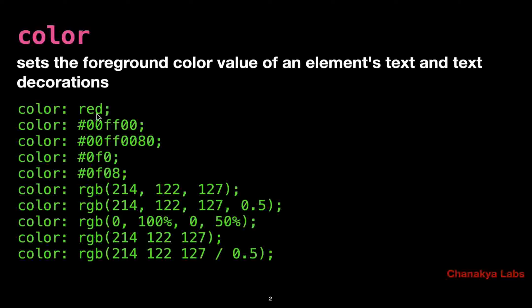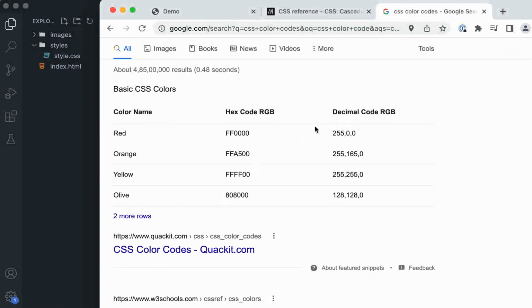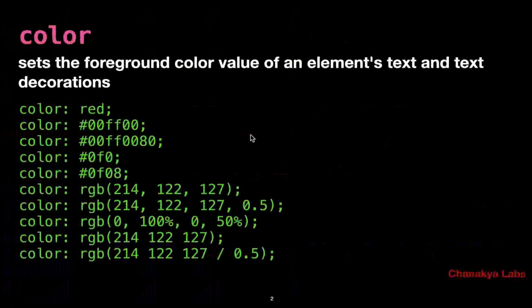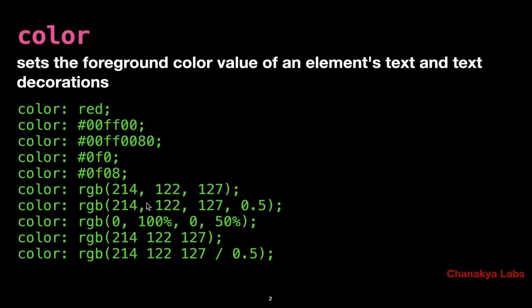So the common color code is red, but the fine-grained color combination in terms of RGB will be 255, 0, 0, and that is what you are seeing here: this 255, 0, 0 is the RGB combination of red. Now what is this FF0000 thing? It's just another representation of this same RGB.